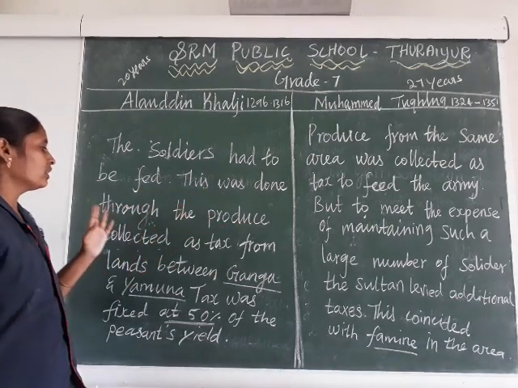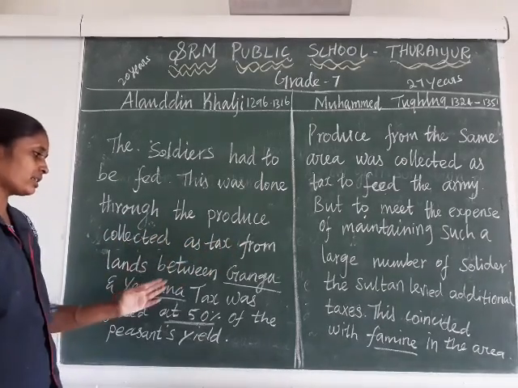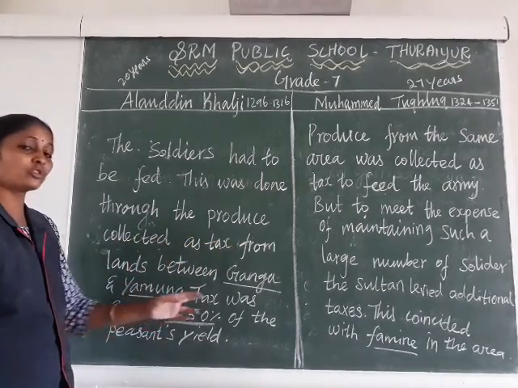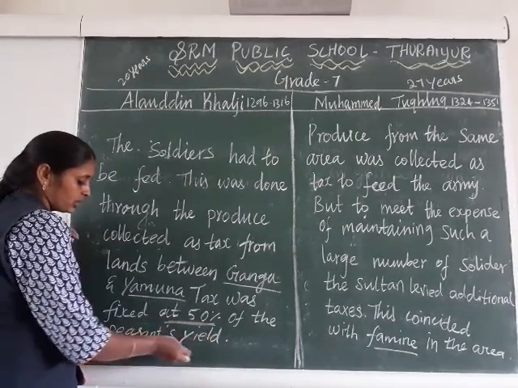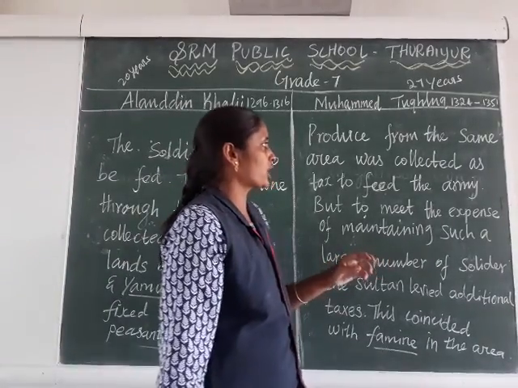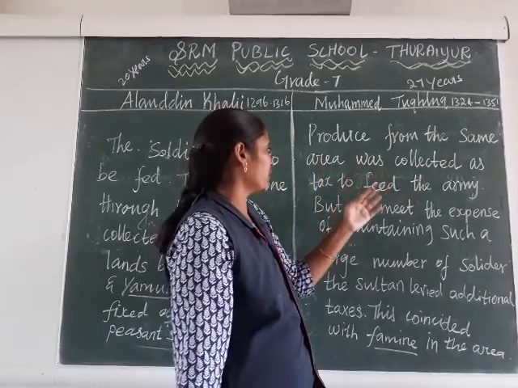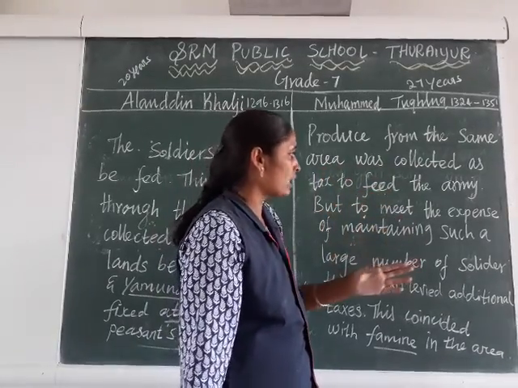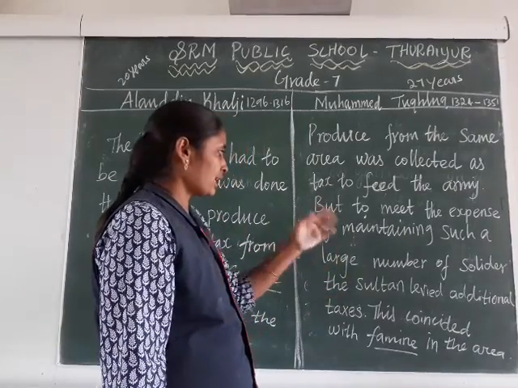This was done through the produce collected as a tax from the land between Ganga and Yamuna. So the tax amount was fixed at 50% of the peasant's yield. But in Muhammad bin Tughlaq's region, produce from the same area was collected as a tax to feed the army. The same, the Ganga and Yamuna river bank side, they collected tax.